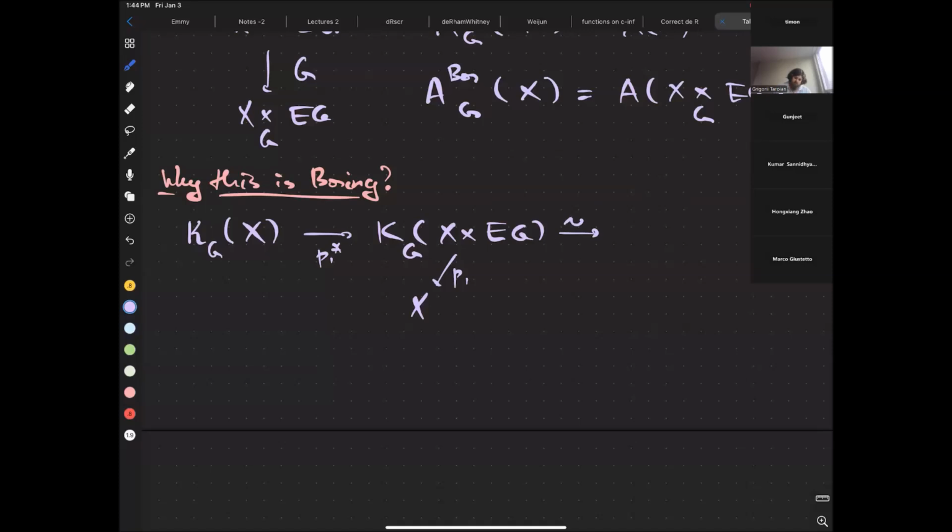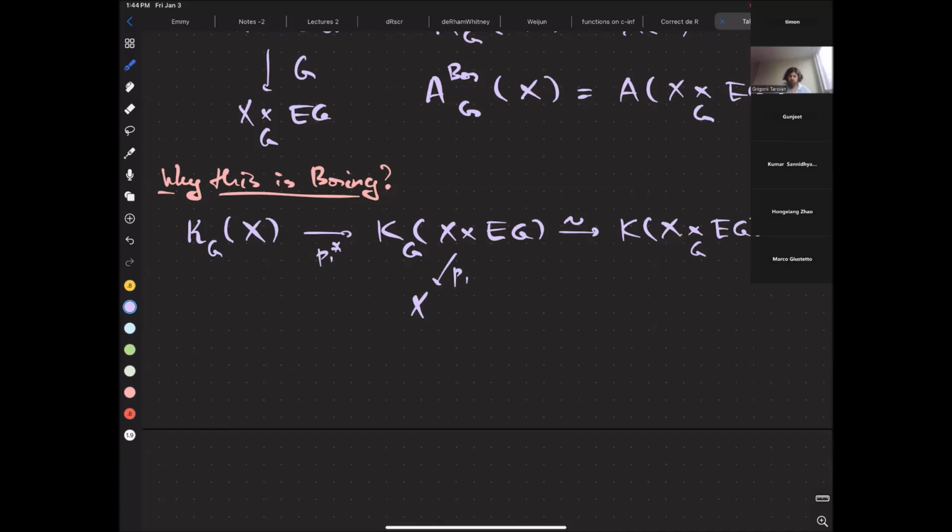And then this thing, of course, will be equivalent to just the regular K theory on the quotient of X times EG by G. And then this, of course, is just the same as the Borel construction. So this is K Borel of X.